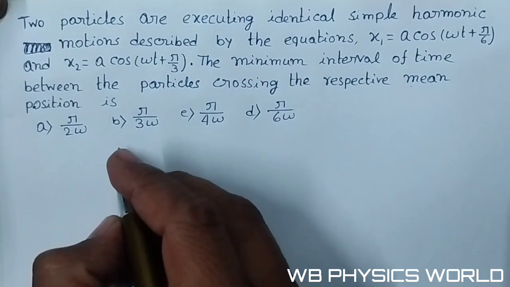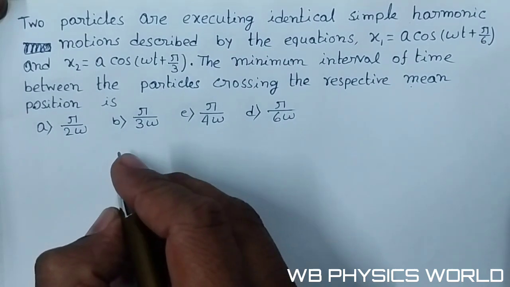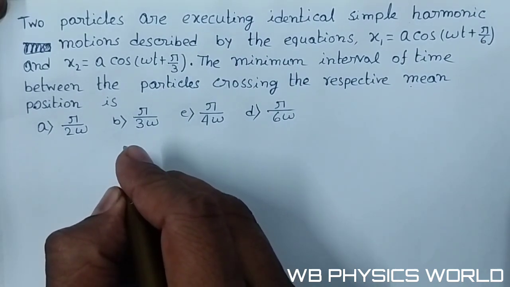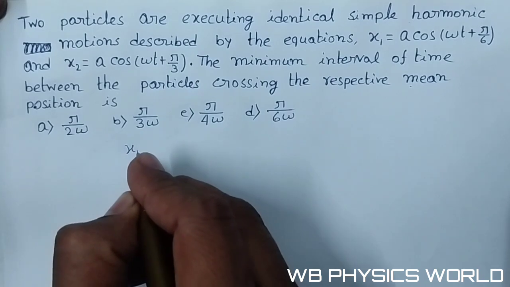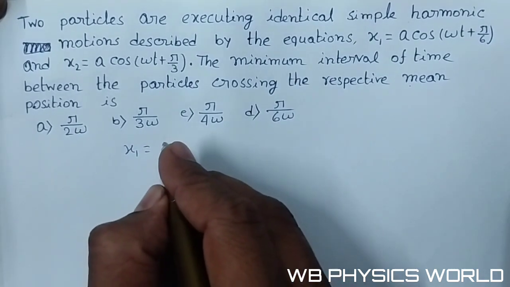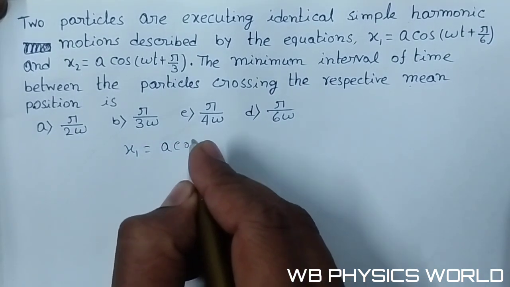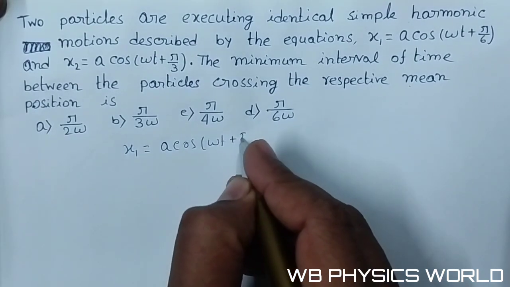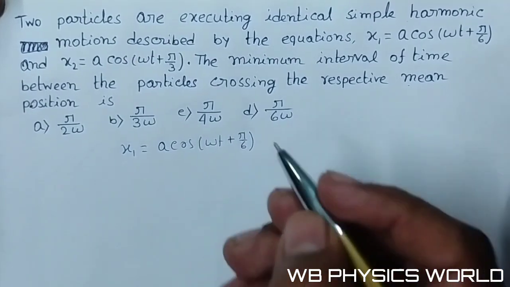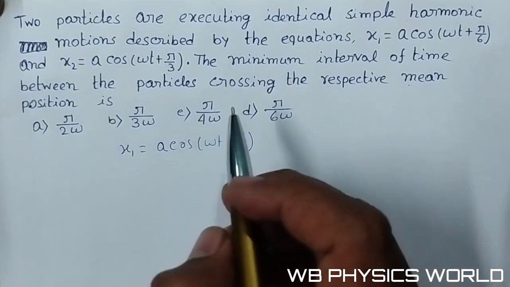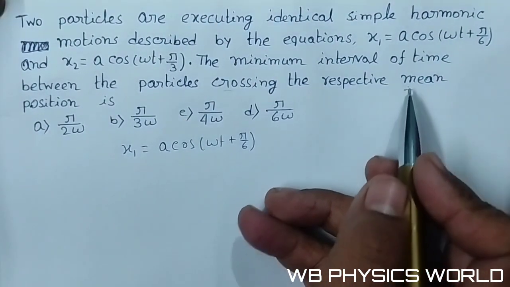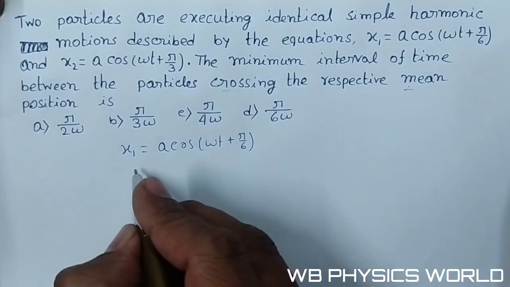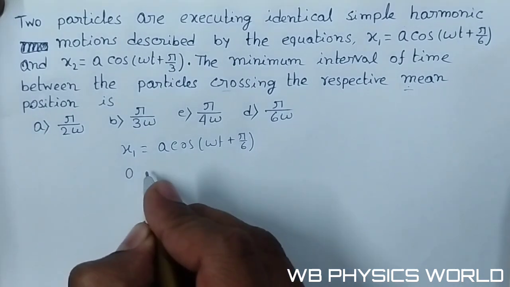Here the displacement of the particle is described by the equation x1 equal to a cos(omega t plus pi by 6). When the particle is crossing the mean position, the displacement is 0.